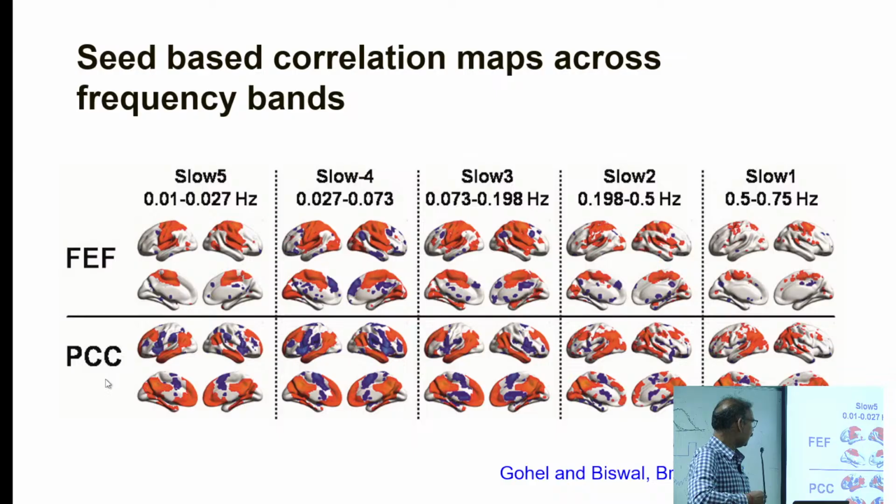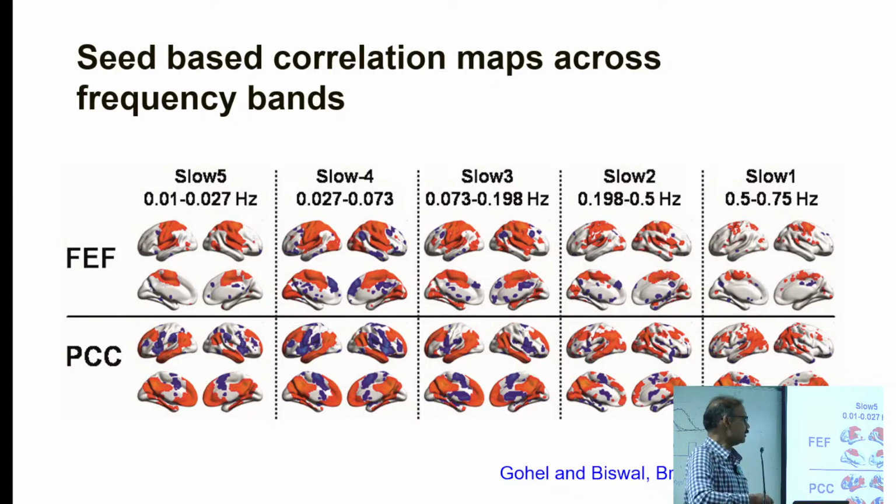So we can see the connectivity for slow 4, which is between 0.027 and 0.073. We can see the connectivity pattern between 0.073 and 0.198. We can also see a connectivity pattern. However, as we go beyond that, there is still a connectivity pattern, but it is not as strong, right?